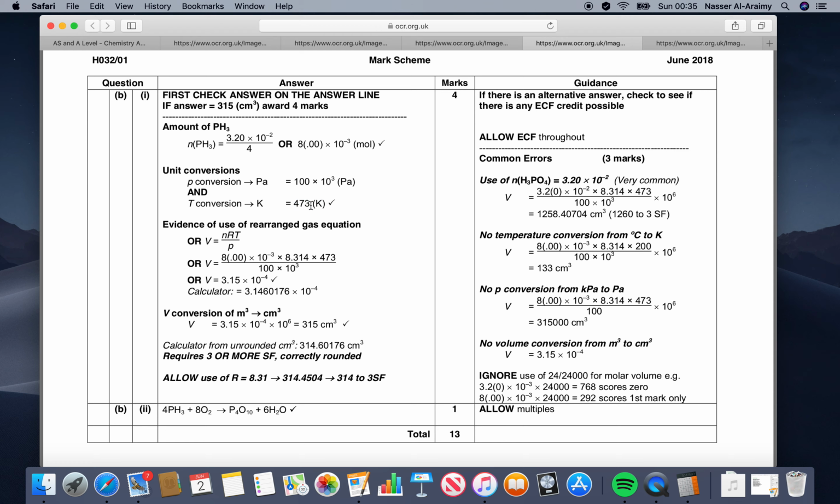I'm gonna be cheeky here and say that you do need to actually, because I remember now, with PV equals nRT, you do need to have it in Kelvin.